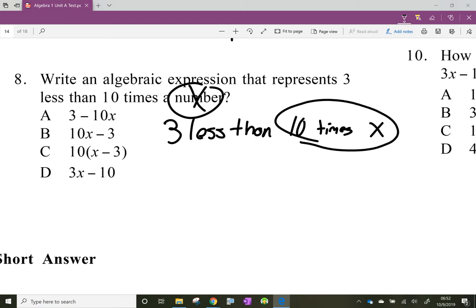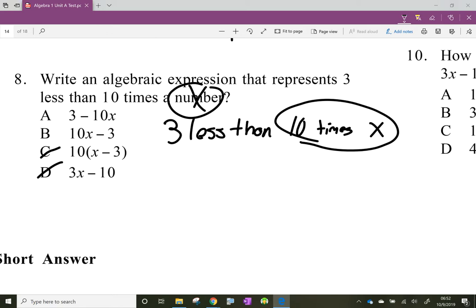Well, we know we're looking for 10 times x, 10x. I have a 10x in A, I have a 10x in B. I don't necessarily have a 10x in C because that's 10 times, and then it's x minus 3. So it's not really there in C. This one's 3 times x, and that's not what this one says. This one definitely says 10 times x, not 3 times x, so it's definitely not D. So it's either A or B, just based on that.